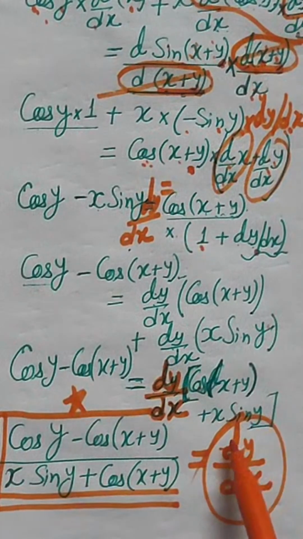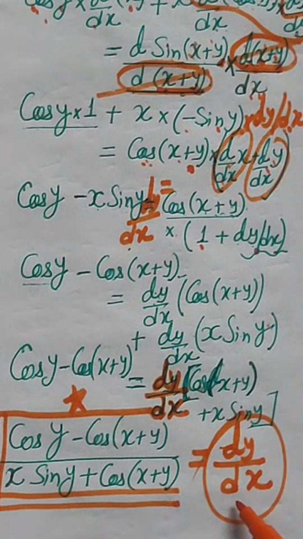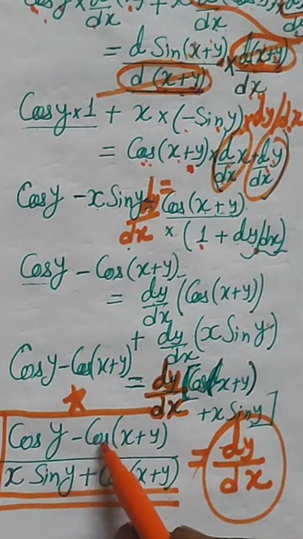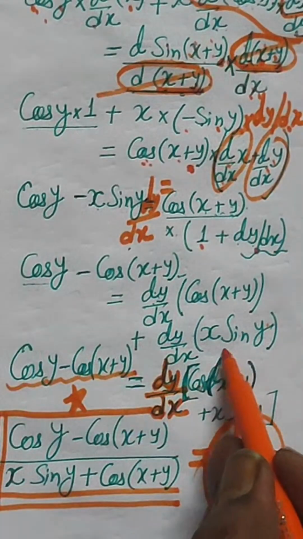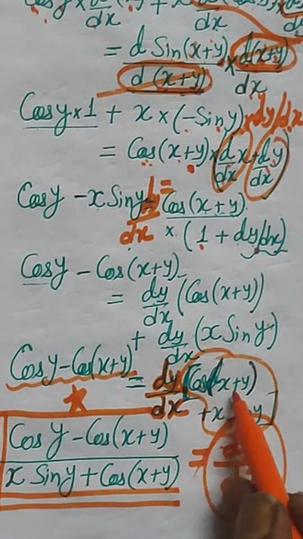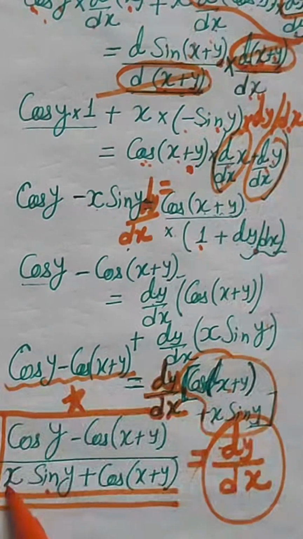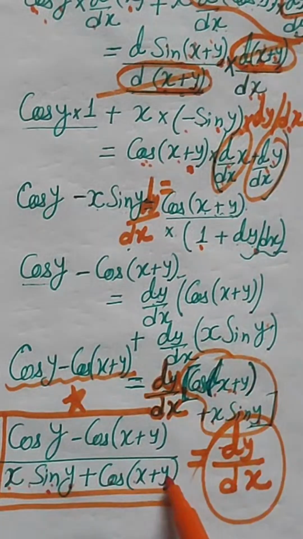So with dy by dx kept on one side, we get dy by dx as cos y minus cos(x + y), which was already there in the numerator, divided by this term, which goes into the denominator: x sin y plus cos(x + y).